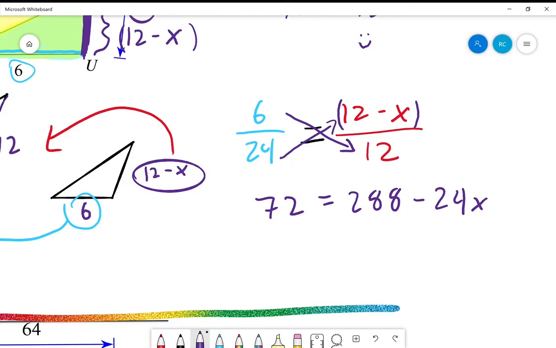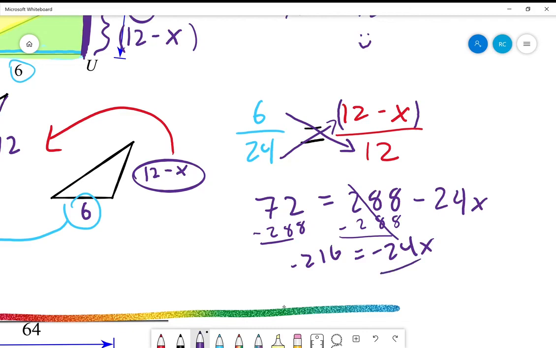And now it's algebra. 72 minus 288 equals, so I'm going to subtract 288 from both sides. I get negative 216 equals negative 24x, running out of space, divide by negative 24, divided by negative 24, we get x equals 9.